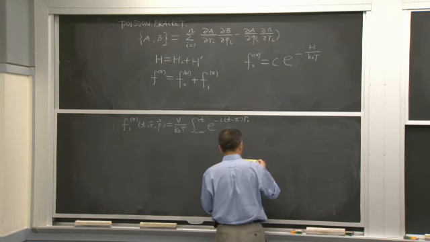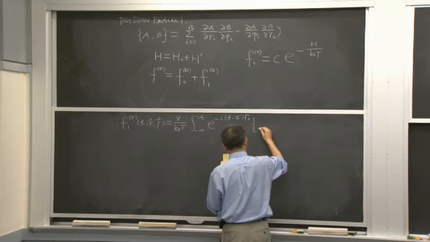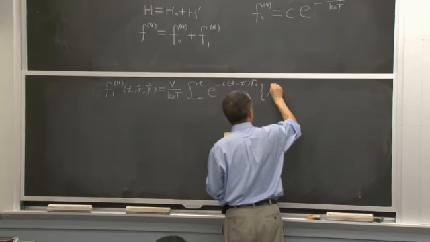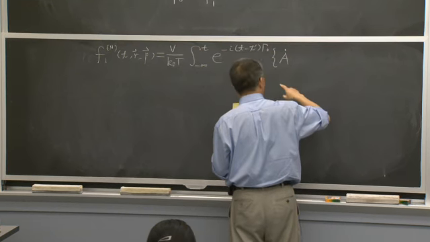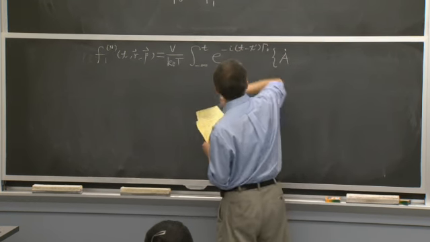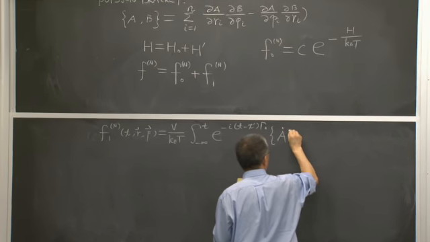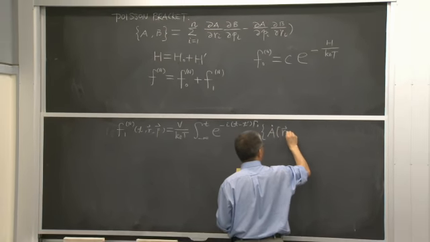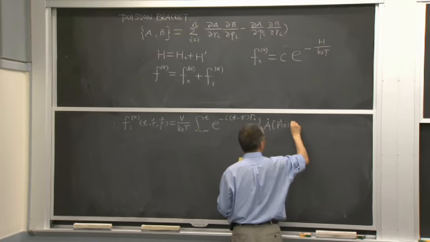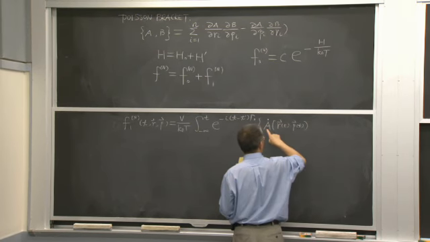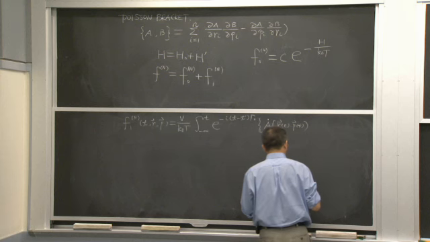And then I have the time derivative of this, because H prime has A, so I have a time derivative. In the A, I have R as a function of time, and P as a function of time. That's why I can do the time derivative.